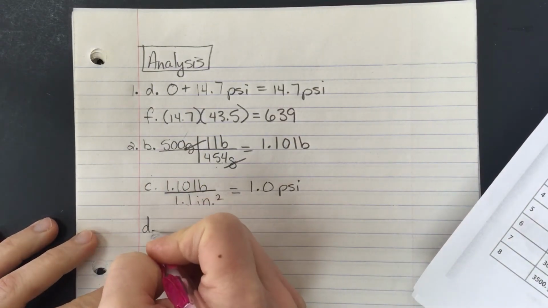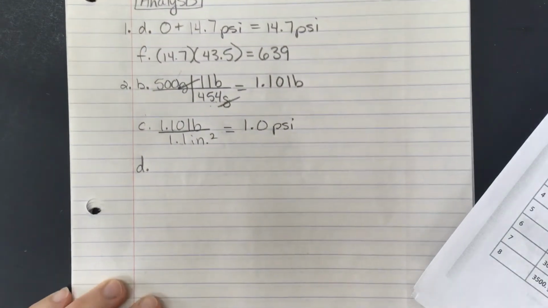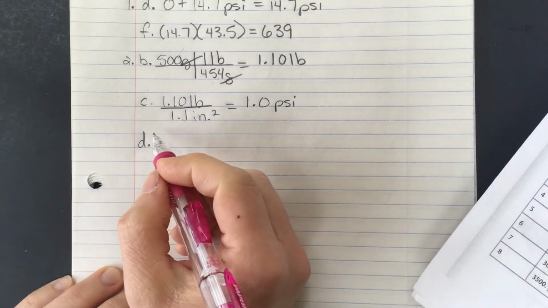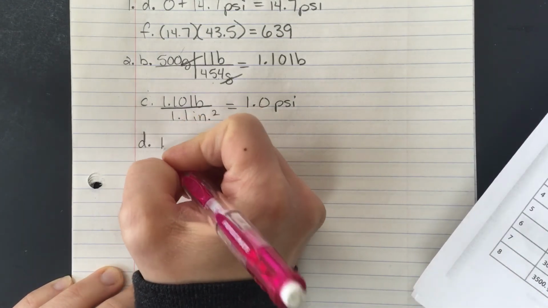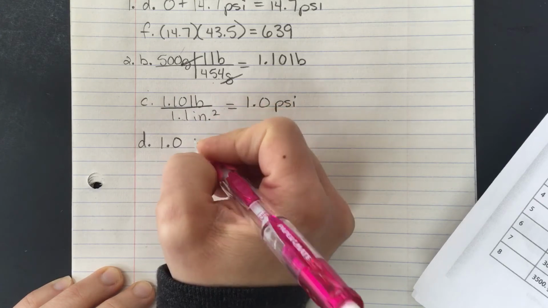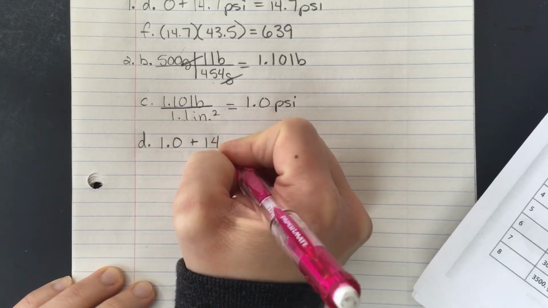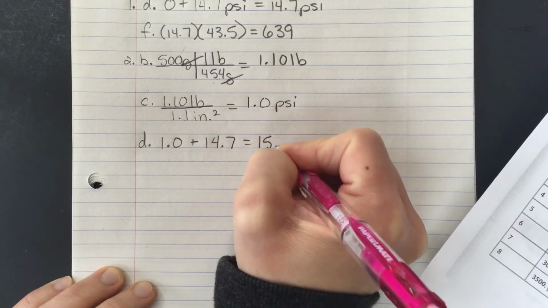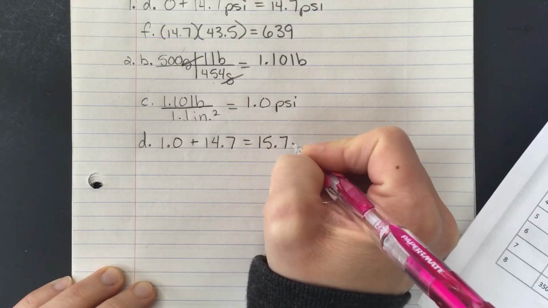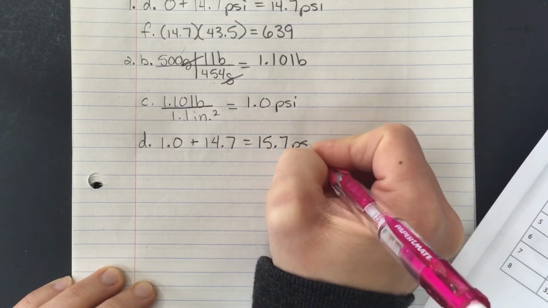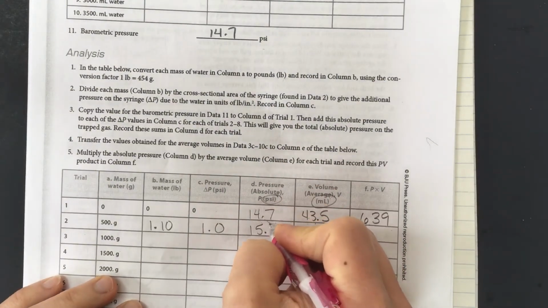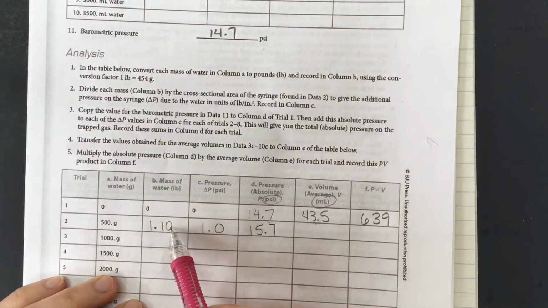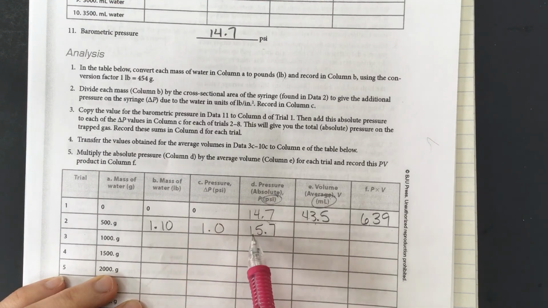For D, I add my pressure that I found plus my atmospheric pressure, and I get 15.7 psi. And so I write that number here, which makes sense. I add about a pound of water, I get a pound more of pressure.